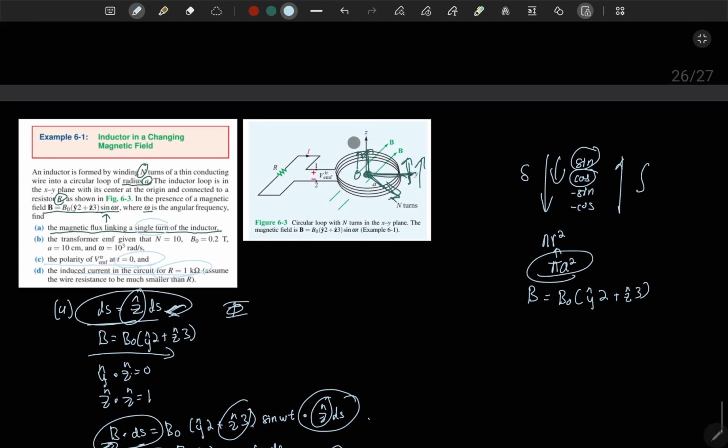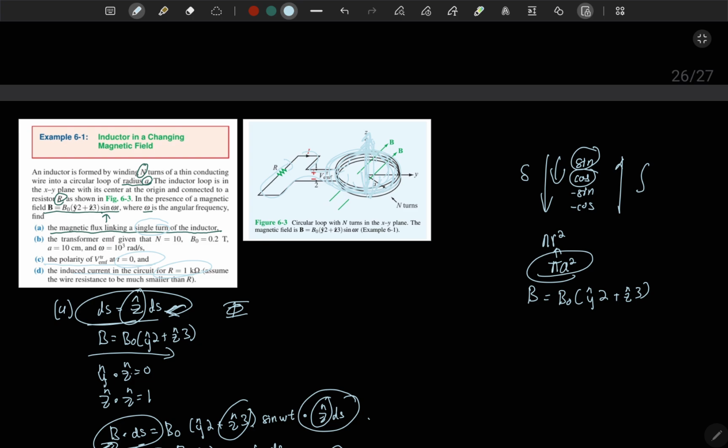Now, if you remember your right hand rule, the Z is upward, and the current is going through this loop. If the current goes this way, that means Z is pointing downwards. But in our case, Z is pointing upwards. When it's pointing upwards, the current is in its reverse position, so it will be going as such.